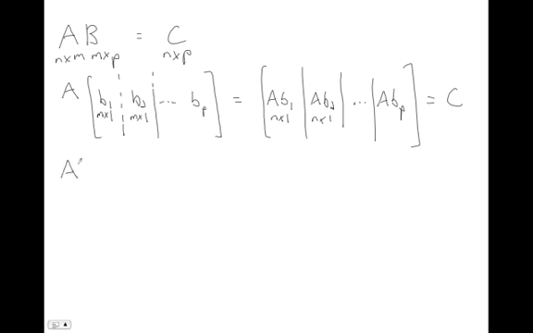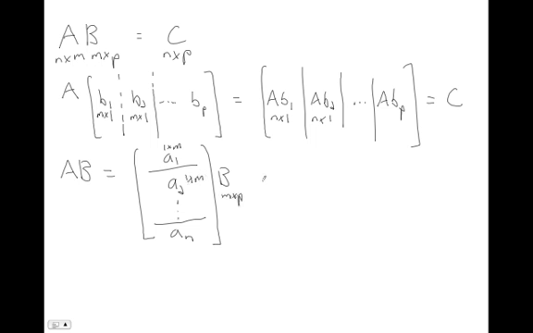So I can also take this matrix AB, and I can think of breaking up my A matrix in terms of rows. So I can have row 1. How many rows are there? It's an n by m, so there's n rows. So I have row 2 all the way down to row n, and I can multiply that by some matrix B, and each of these things now is a 1 by m thing, and this B is an m by p thing.